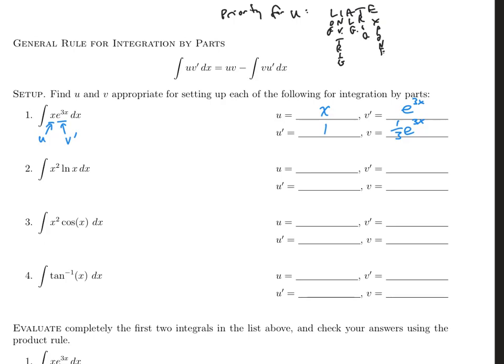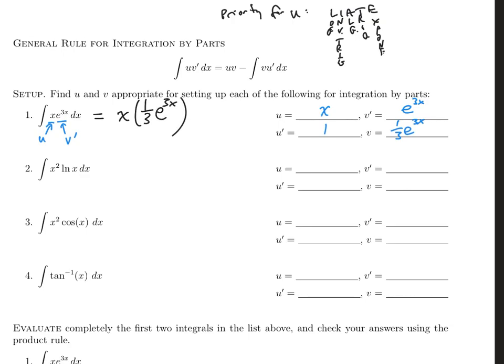And so applying the rule, now I can just copy it down. So the integration by parts rule says that I should have u times v, and just pay attention to these things. This is u, this is v. So u times v, so x times 1/3 e to the 3x.